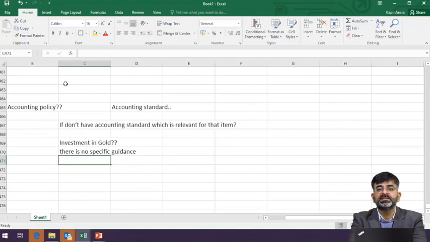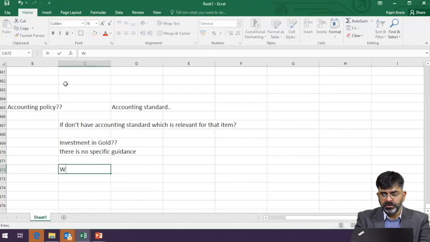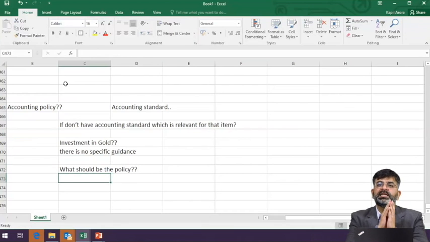There is no accounting standard which talks about it. If there is no accounting standard, what should the policy be? There is no guidance note also. When I talk about accounting standard, it means either the accounting standard or the IFRIC, the interpretation committee, whose interpretation or guidance note is available.